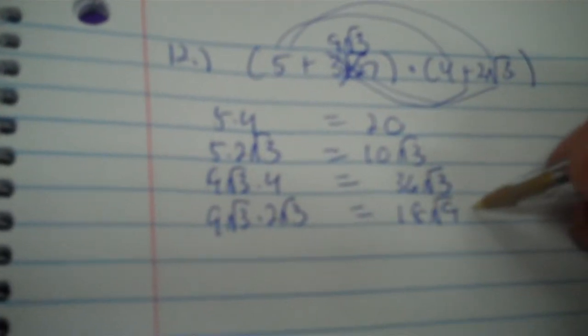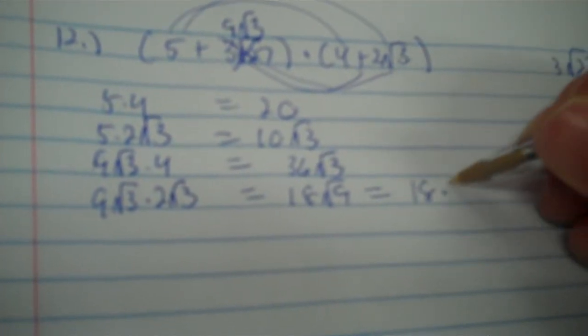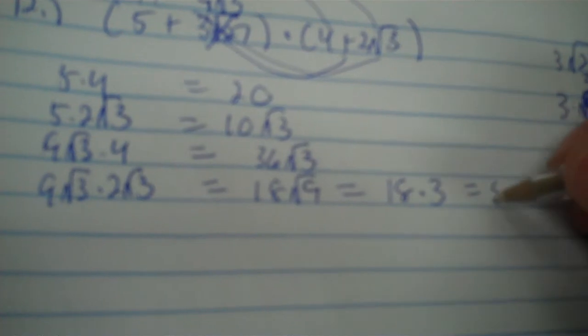Now the square root of 9, again, you got to rewrite that because square root of 9 is 3, and then 18 times 3 is 54. Then that allows me to just simplify it even more because I can add 20 to 54, and that's 74. And the 10 and the 36 would be 46 square root 3.